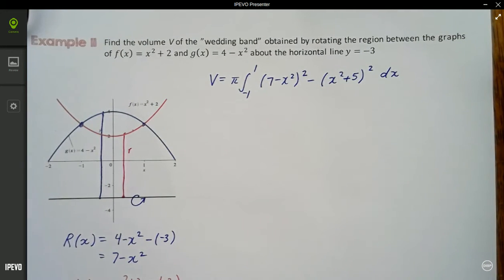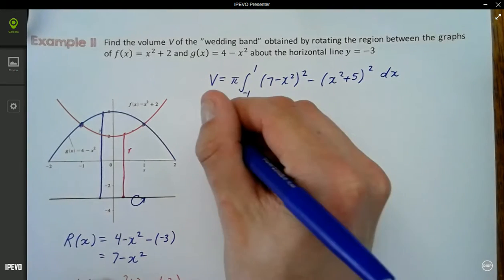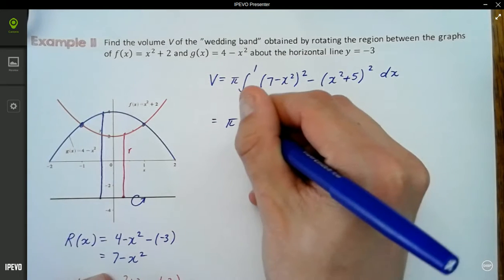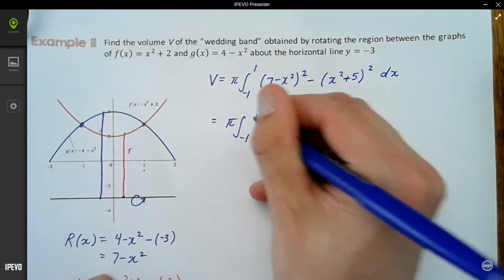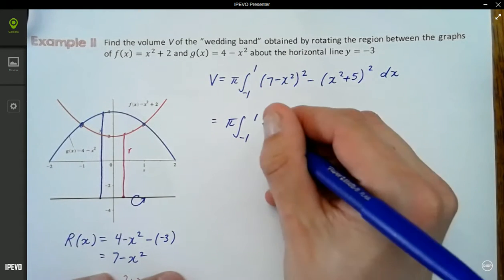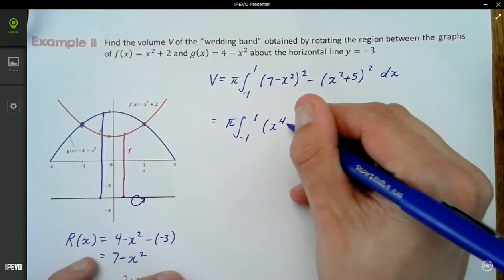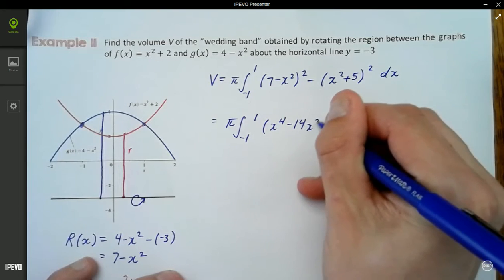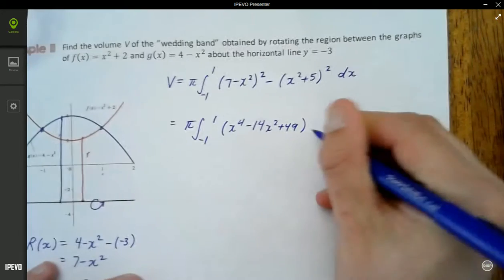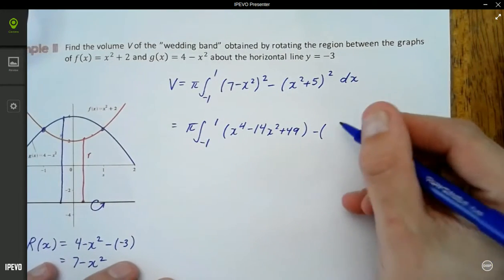But if I did that by hand, it can get a little tricky. And so what I can do here is square this stuff out. So I have pi from negative 1 to 1. And when I expand 7 minus x squared, I get x to the 4th minus 14x squared plus 49 minus, then I have to expand x squared plus 5.